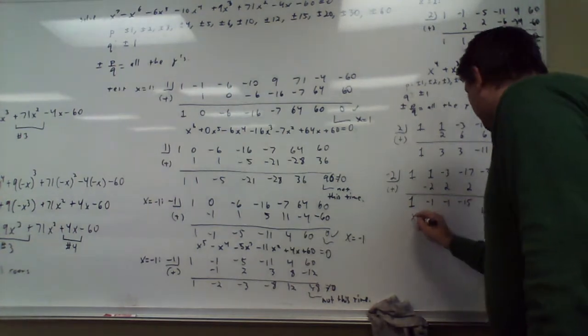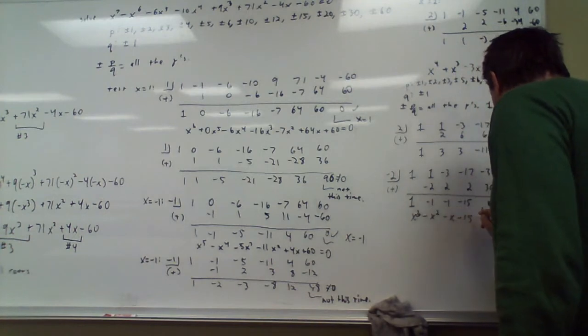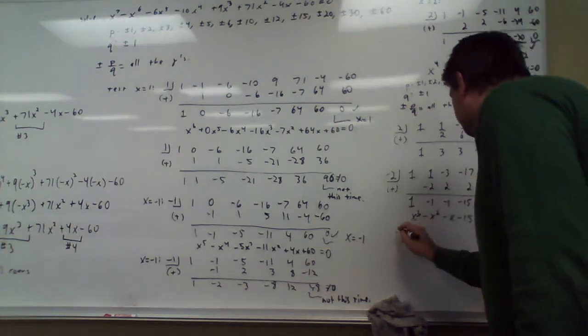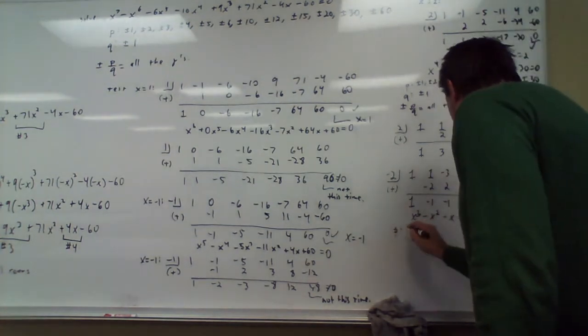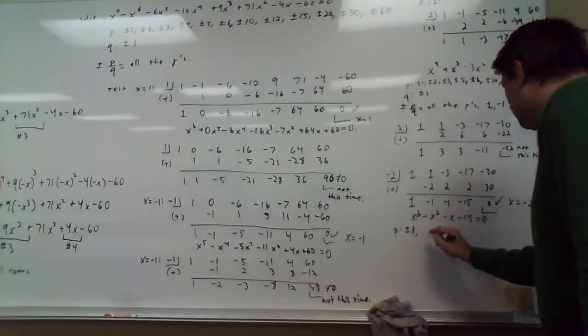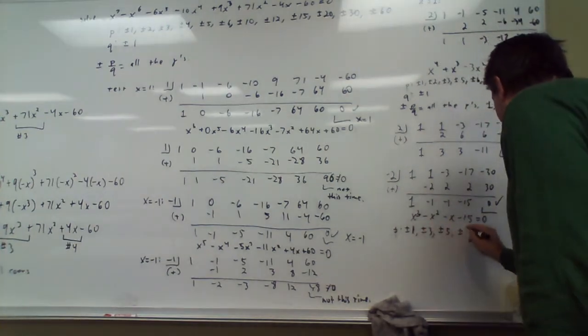And we have x cubed minus x squared minus x minus 15 equals 0. So, we mind our p's and q's again because the constant has changed. It's 15, so factors of 15: 1, 3, 5, and 15.